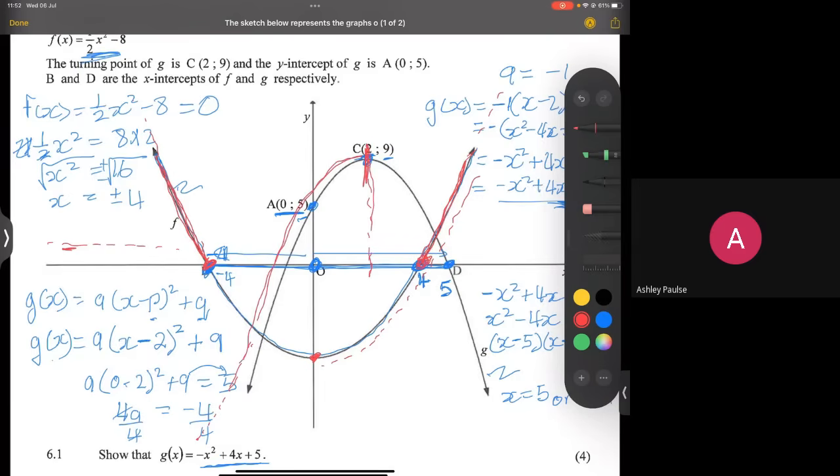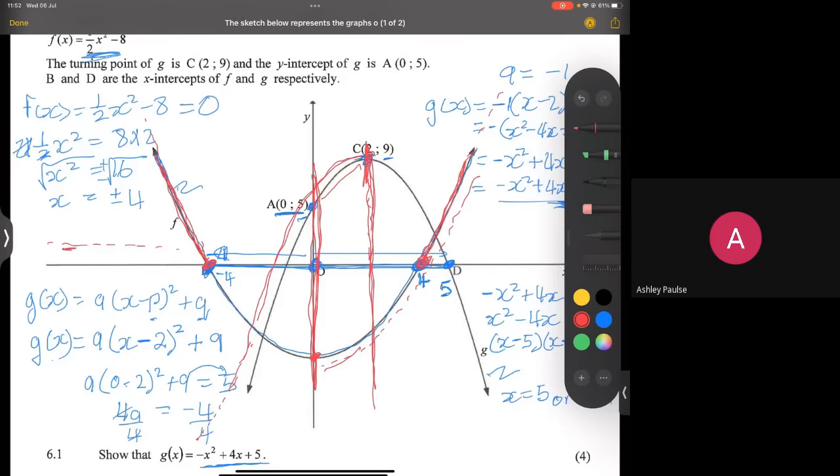So they said, where are the graphs of f and g increasing? We want where both of them are increasing, not where the one is increasing and the other one is decreasing. So where would that point be? Between those 2 points here, from 0 up until 2. Both of them are increasing between those 2 points.